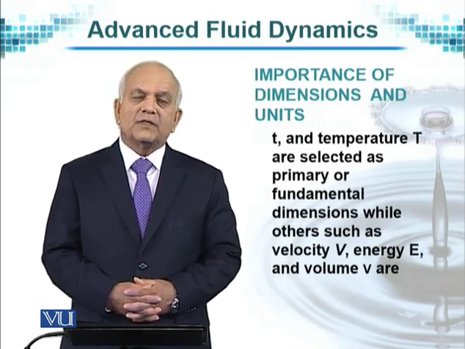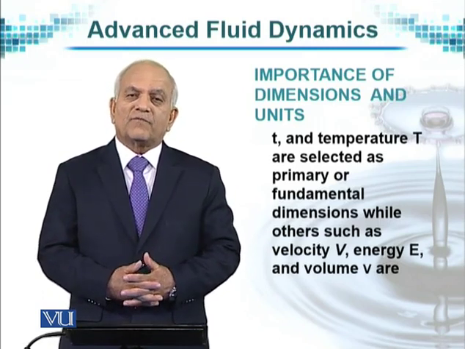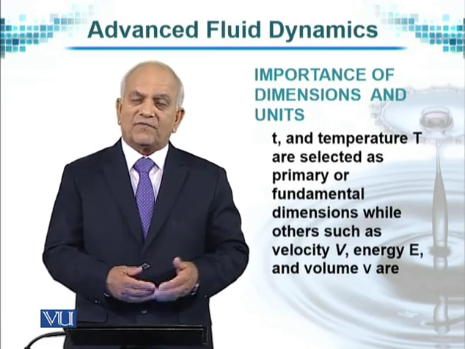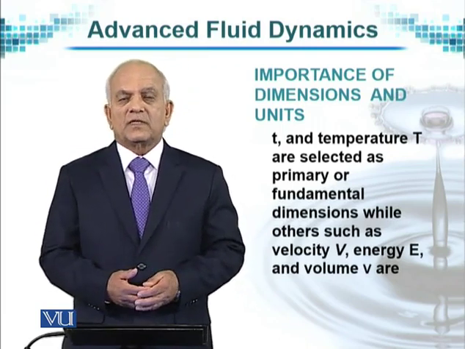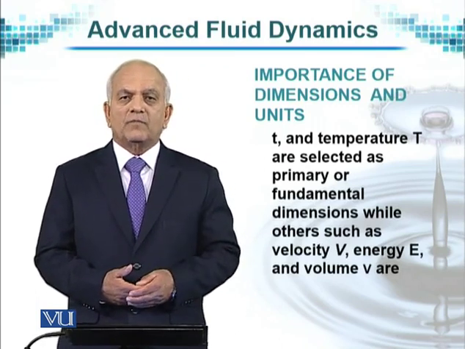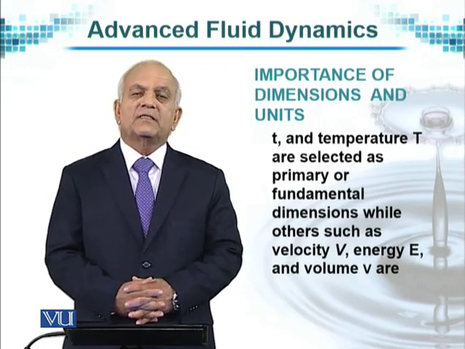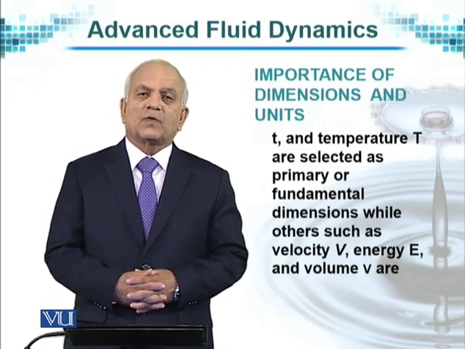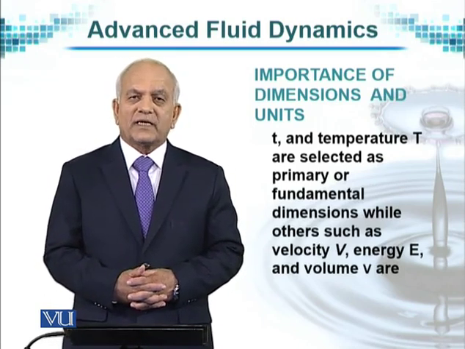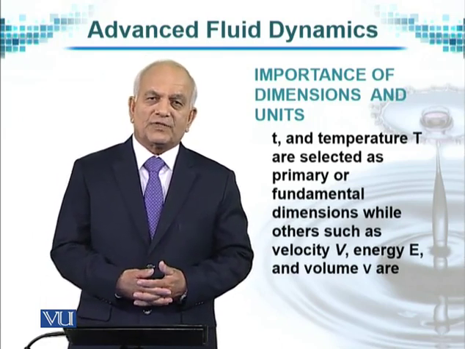while such parameters or functions are derived with the combination of these basic dimensions, length and mass, length and time, and so on, such as velocity. Velocity is the ratio of the distance covered in time. If the total distance is x, which is some length, we divide it by t, we get velocity.